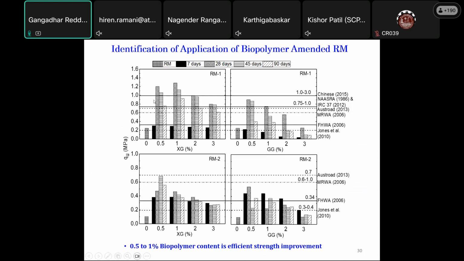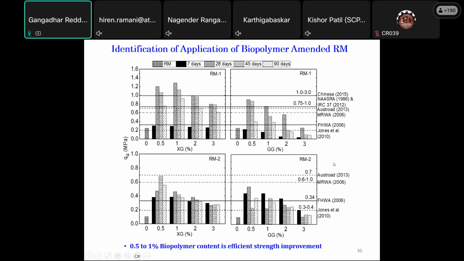You can see most of the strength peaks at 25 days, 28 days, whereas for 45 and 90 days, you can see a continuous reduction in the strength values. So if we are using it for short-term conditions or temporary applications, we can use it as a kind of stabilizing material.